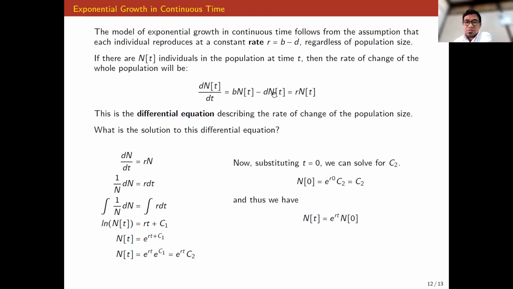It means the value of c2 is equal to the value of n naught. So we can replace c2 by n naught. So n t equals e to the power of rt times n naught.